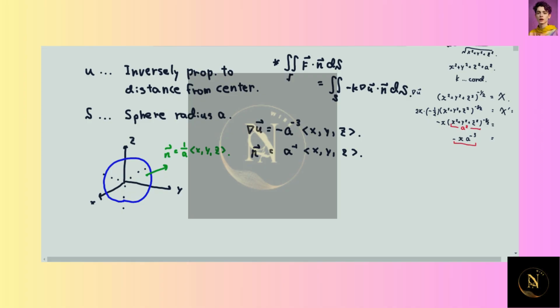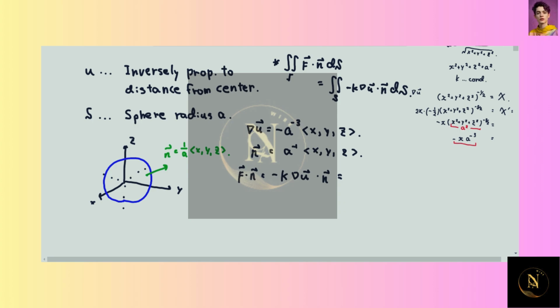Okay, so f dot n simplifies significantly here. This is equal to, let's recall, negative k del u dot n.